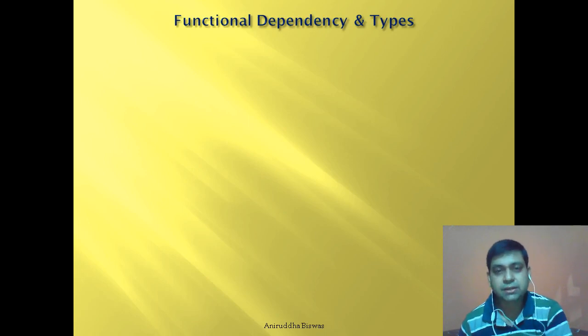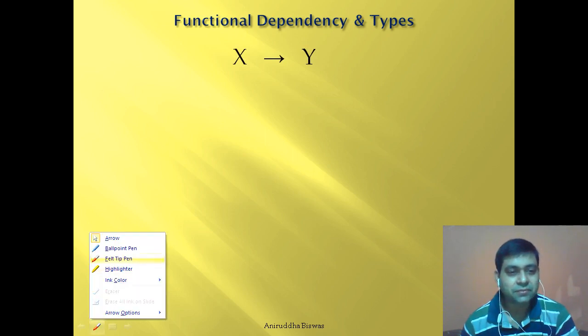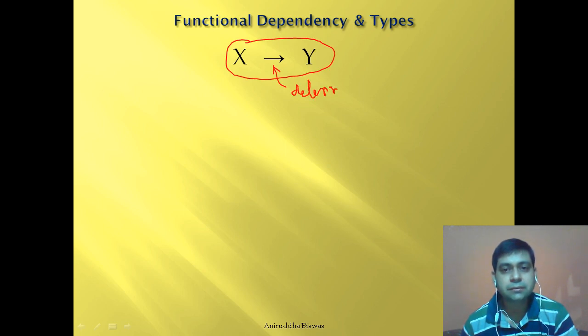So let's start with very simple letters like X and Y. Here it is said that X determines Y. This arrow symbol says it determines.